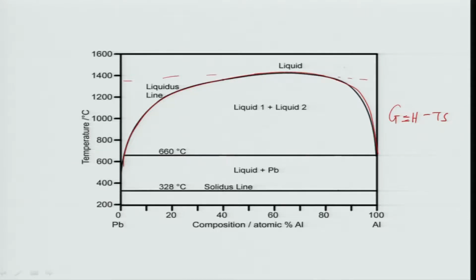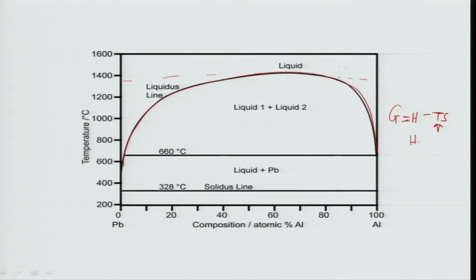But entropy has a temperature term T. As you increase the temperature more and more, the entropy contribution increases, and at high temperature it can take over the enthalpy contribution.